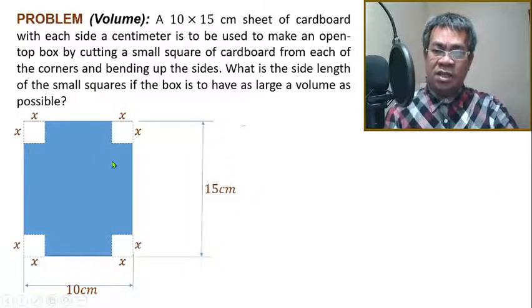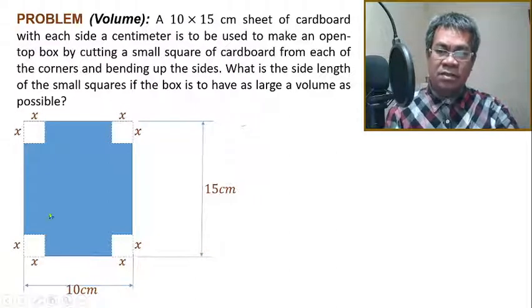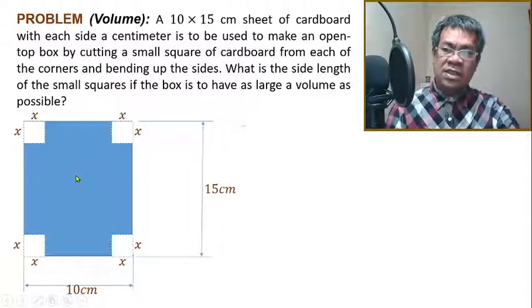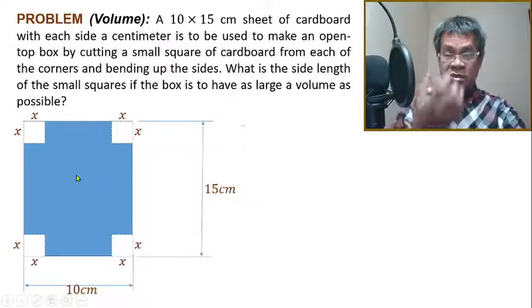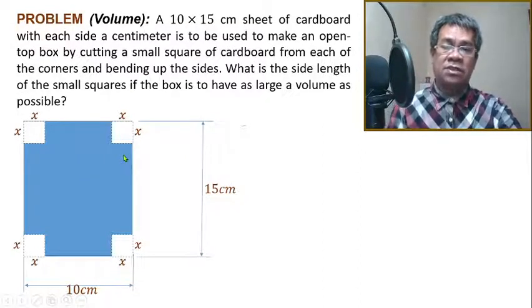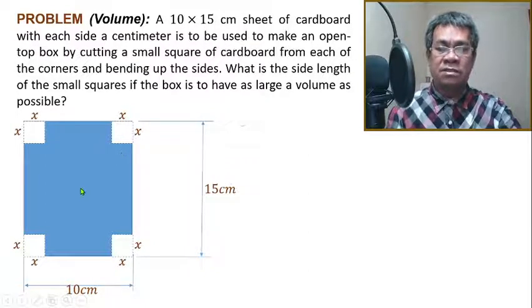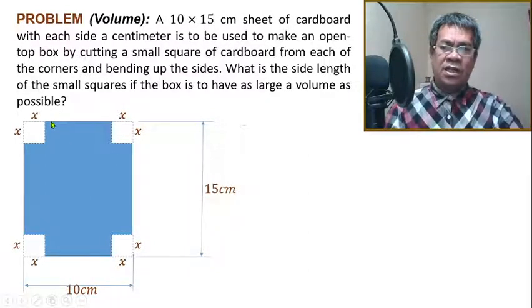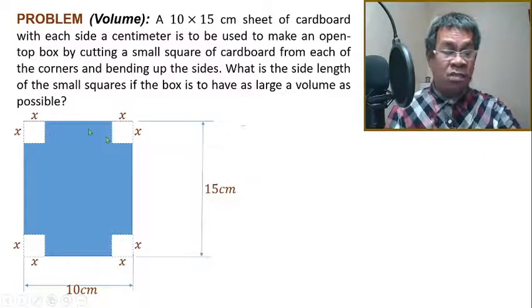When you cut this part, you have to fold at this point, then orient the sides up. So x must be the height of your box, and you are forming an open box. So let that be equal to x.